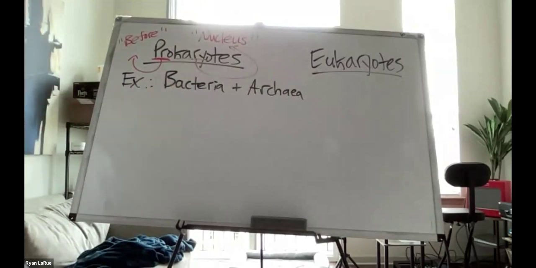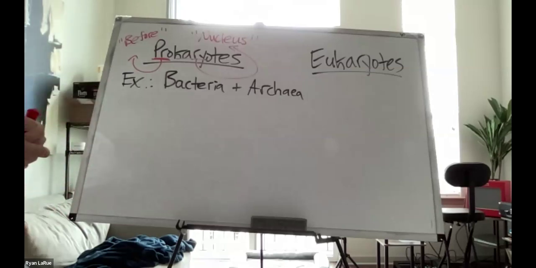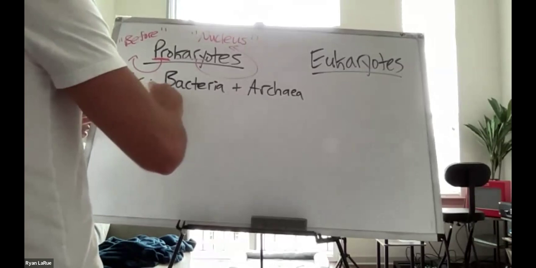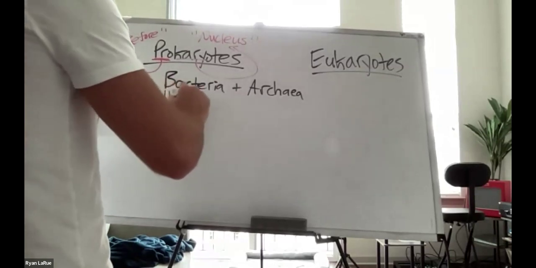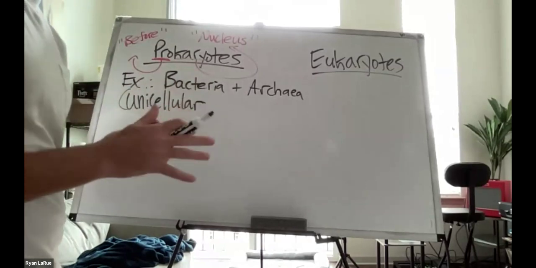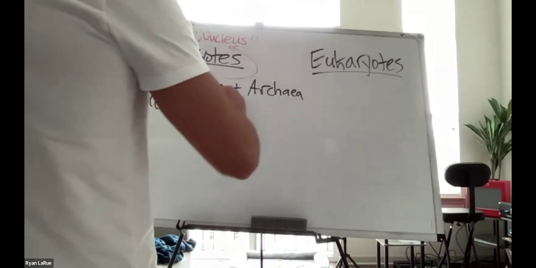So archaea and bacteria are prokaryotic. Interestingly enough, all bacteria and archaea are single-celled, or unicellular, and very small, like 1 to 2 micrometers in length, extremely small.